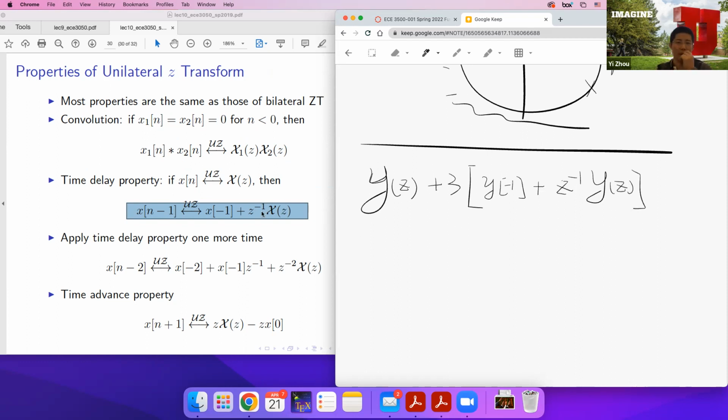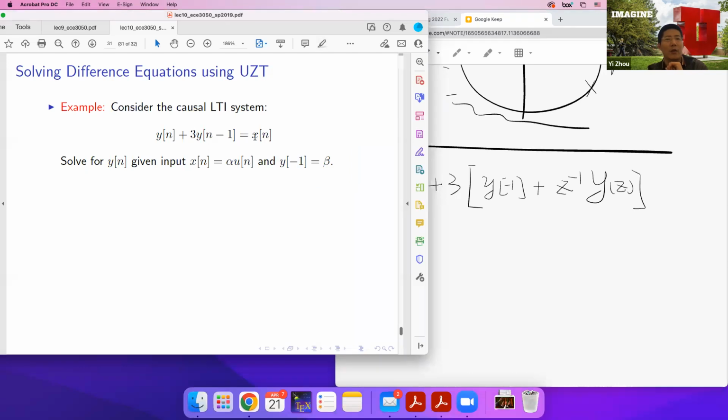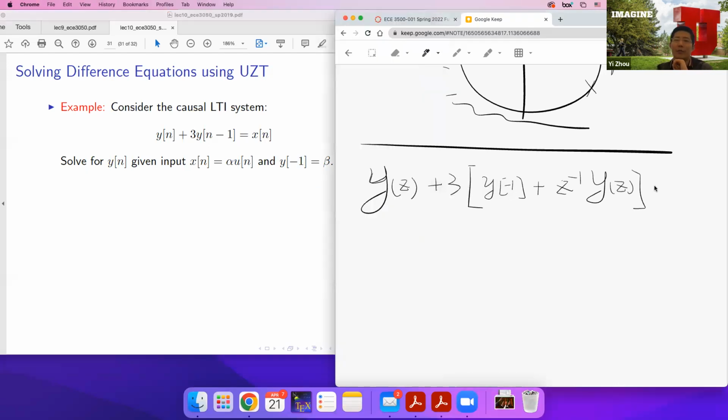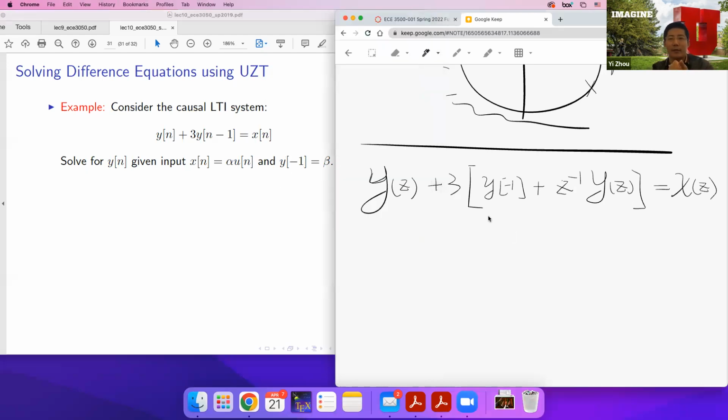This is the unilateral transform of y[n-1]. And then on the right hand side, you have X(z). Now y[-1] is given as beta. This is given, and x[n] is alpha times u[n], and we know this signal's z transform. So we can calculate this one.